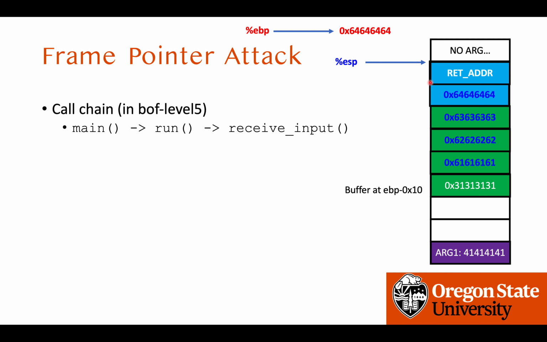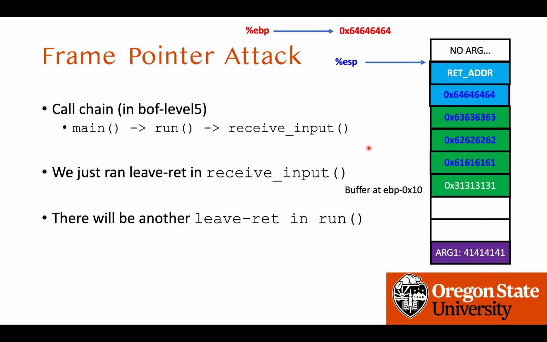The function contains the vulnerability, and there will be one leave return here, and then another leave return here. In this example, we just ran the leave return in the receive input function with this kind of attack vector, overwriting the saved EBP with 64, 64, 64, 64 as an example.